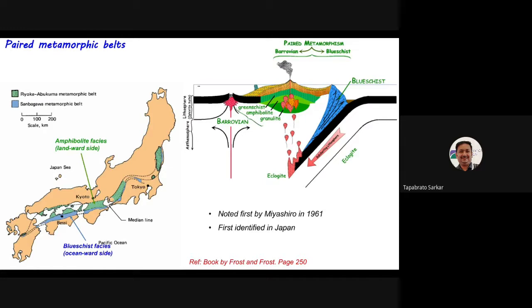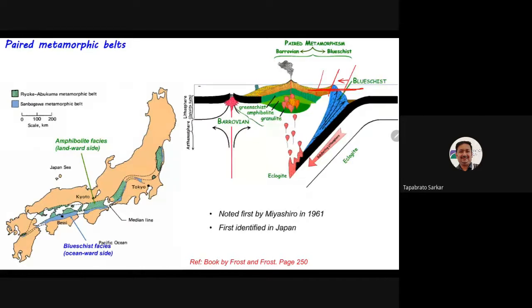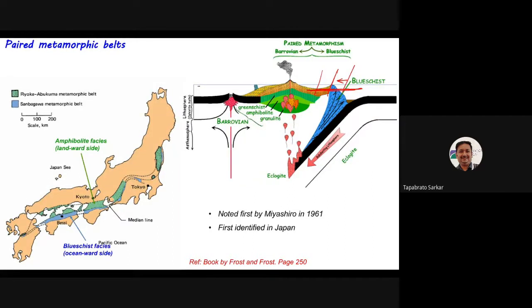Now, if you explore this region, what will you find? You will first find a region which is a blue schist rock, and adjoining it, just after that, you will find a region of the green schist or amphibolite species.